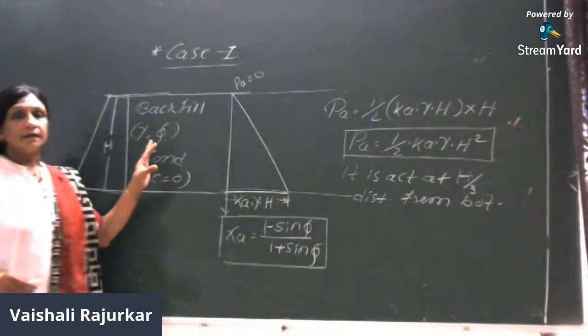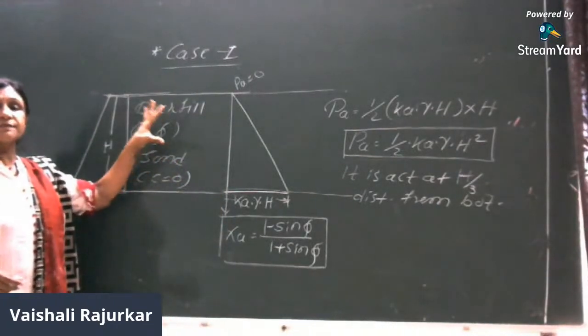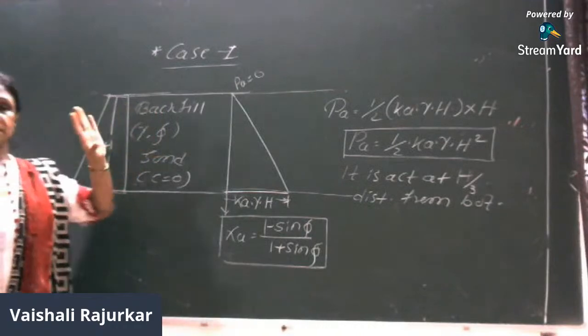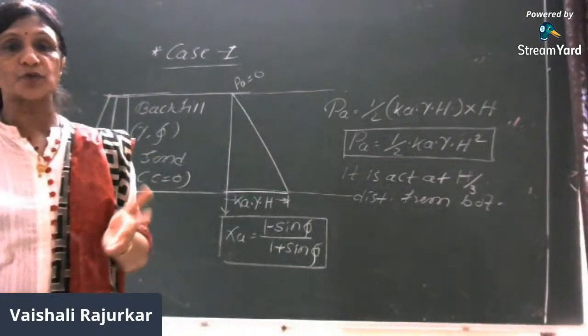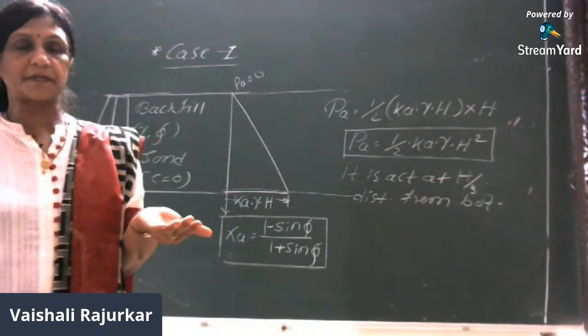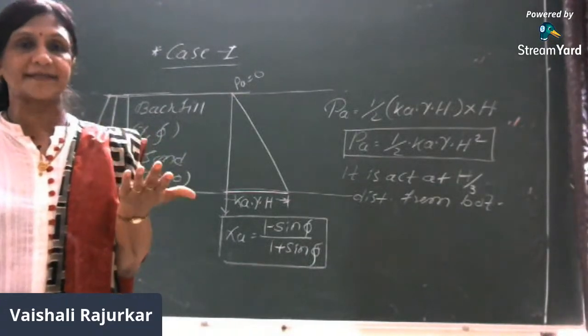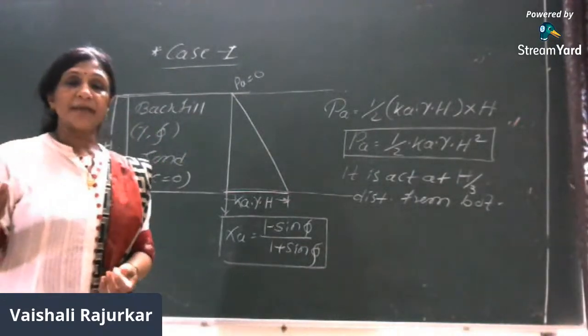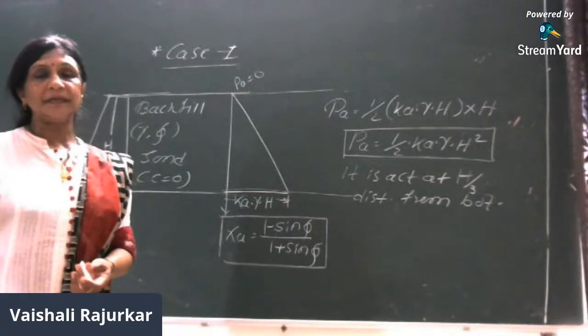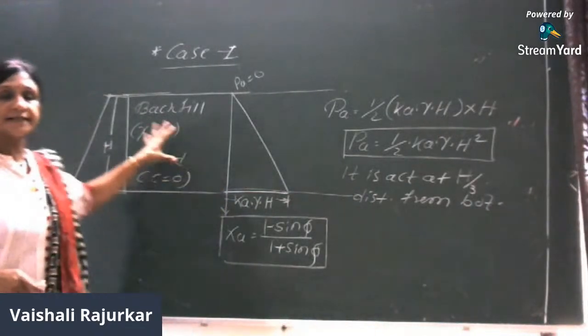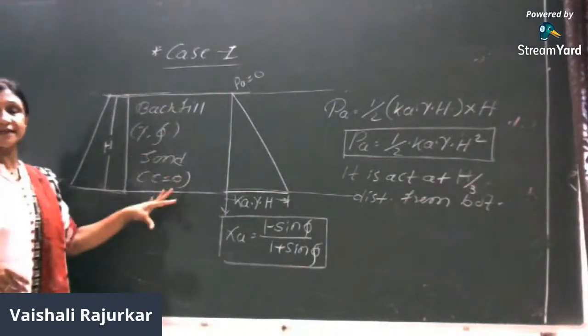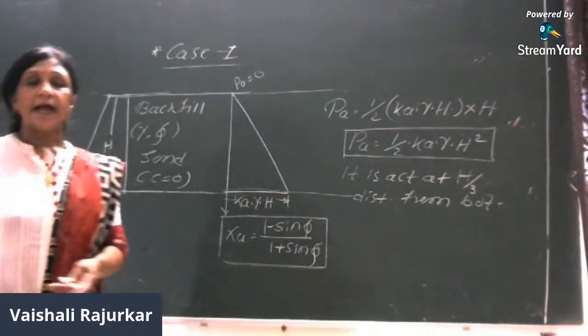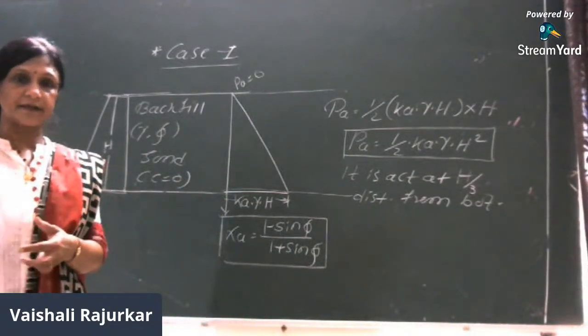But here, when the backfill becomes submerged, the pressure may increase by 50 to 100%, so it may be twice. The pressure may increase to 2 times or even 3 times when water enters, because the soil loses its strength and the stresses increase.